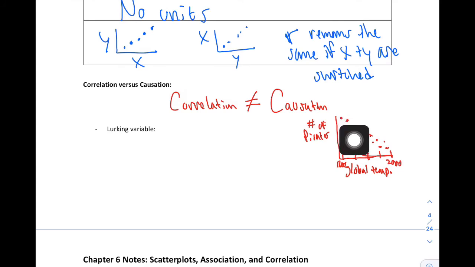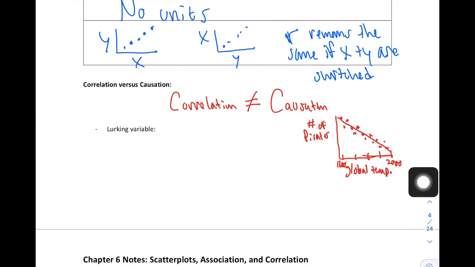So then this is where we have to be smart and know that just because there's a correlation doesn't mean that these two variables are impacting each other or are causing each other. Like, yes, there's a strong relationship here, but does that mean that the temperature has been killing off all the pirates? Like, no, that's not why it's happening. It's just an interesting correlation, but doesn't mean that they're actually related.